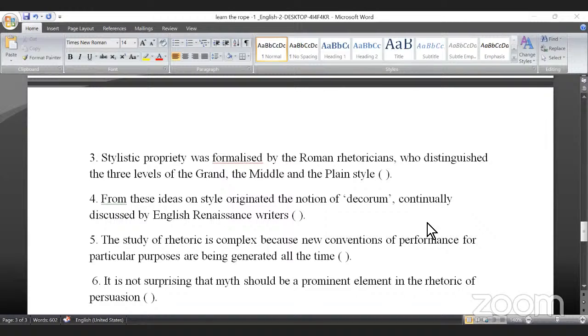"The notion of decorum" is the clause. It is a noun clause acting as a subject. Okay. So what kind of clause, oh, this is a noun clause you mean?